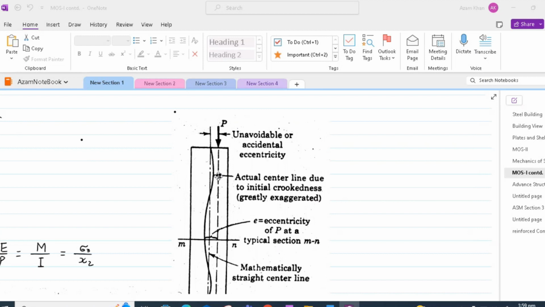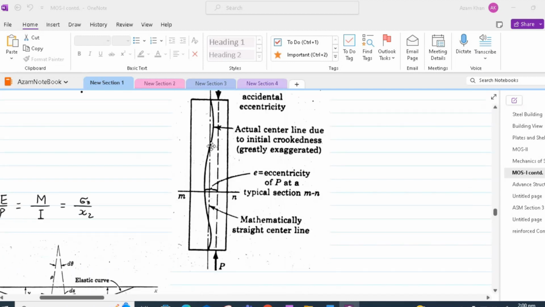However, in case of a long column, which is normally flexible, the deflection at a relatively low value of load P may cause a large flexure stress accompanied by negligible compressive stress.